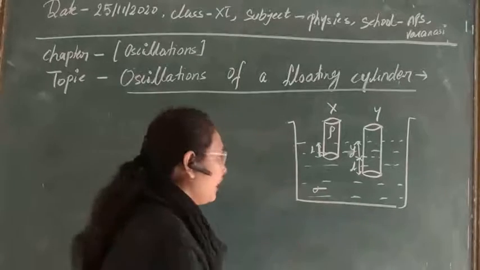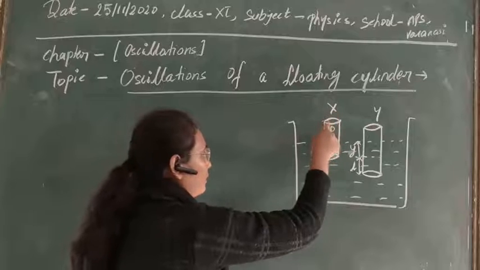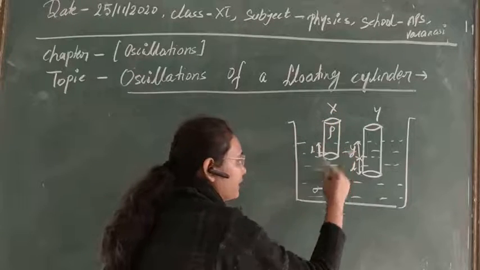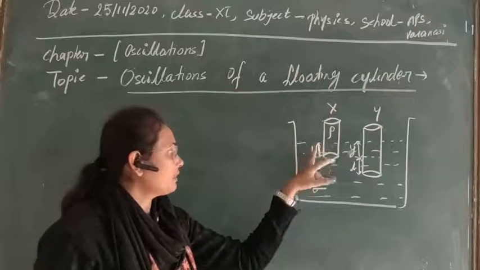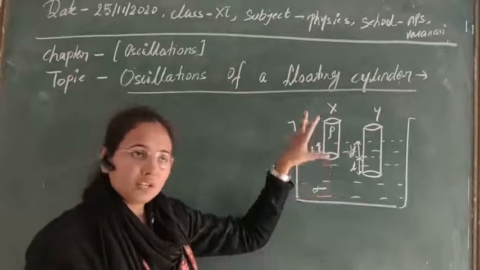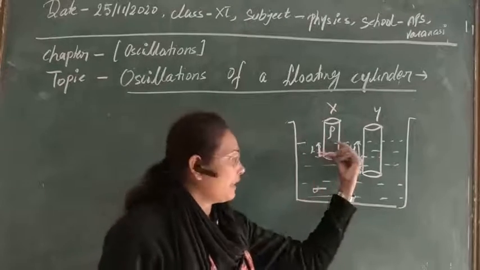Now we look at the whole thing. Suppose the cylinder is already dipped in the liquid by some length equal to small l. So initially this cylinder is dipped by small l in the liquid.